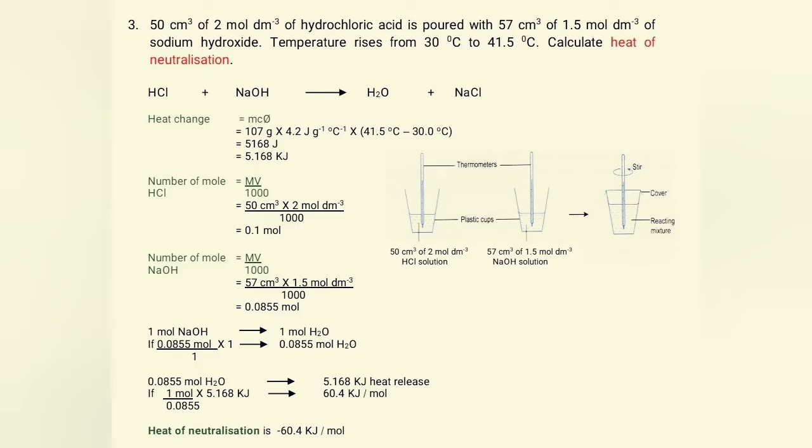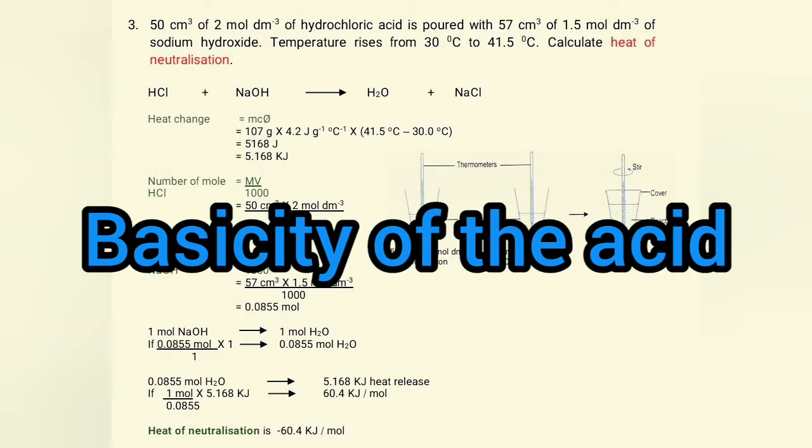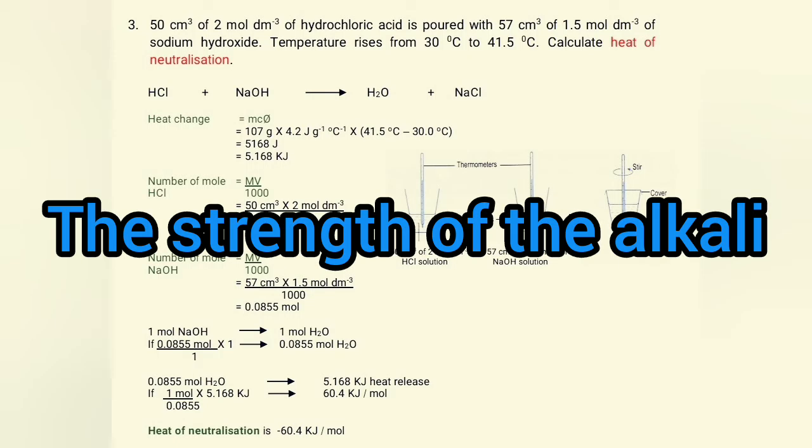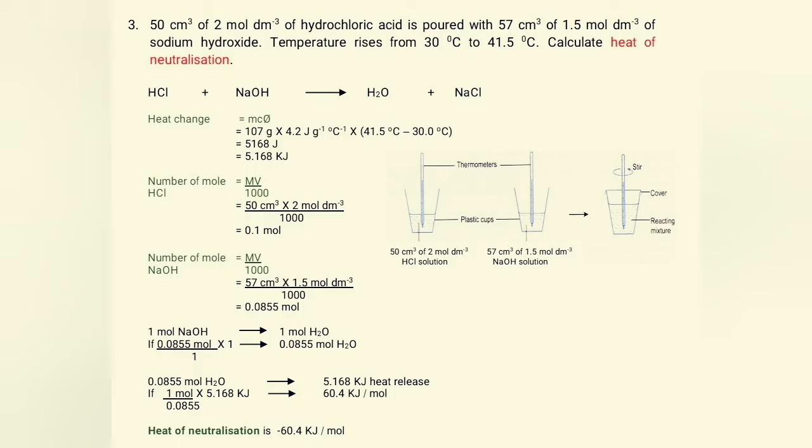So the value of the heat of neutralization depends on the basicity of the acid, the strength of the acid and the strength of the alkali. Refer to the example of the neutralization reaction between hydrochloric acid and sodium hydroxide.